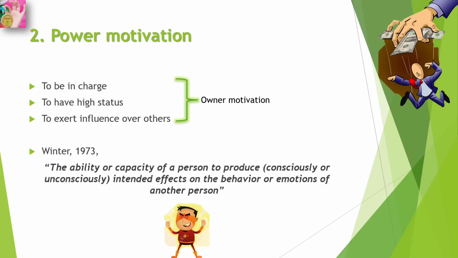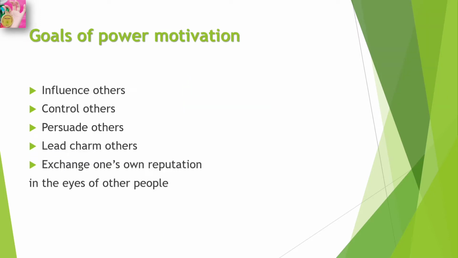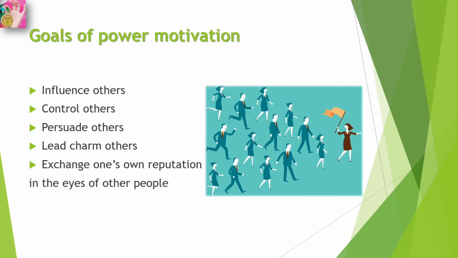Winter, in 1973, defined power motivation as the ability or capacity of a person to produce, either consciously or unconsciously, intended effects on the behavior or emotions of another person. The goals of power motivation are to influence others, to control others, to persuade others, to lead, to charm others, and to enhance one's own reputation in the eyes of other people.